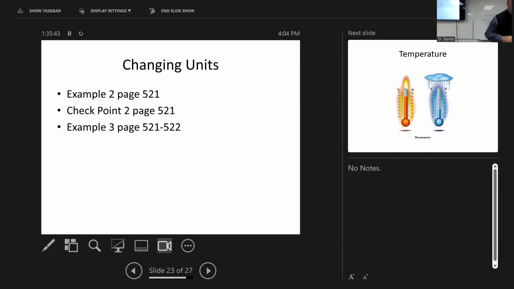All right. If you look at page 522, example 3 from the bottom of page 521, it says convert 160 pounds to kilogram. So we want to go from pound to kilogram. You have 160 pounds. You look at that second line at the top of page 522.